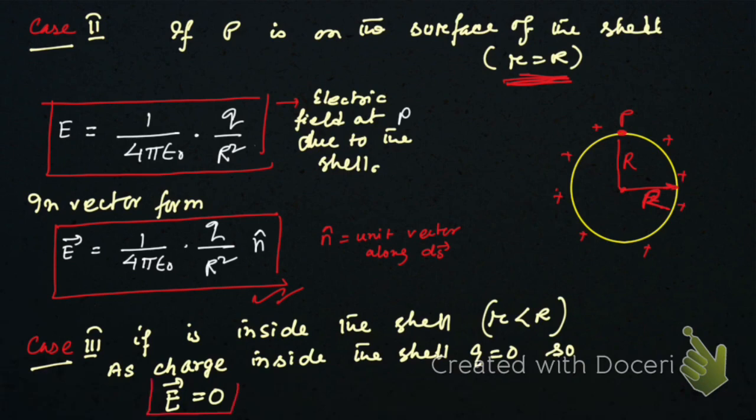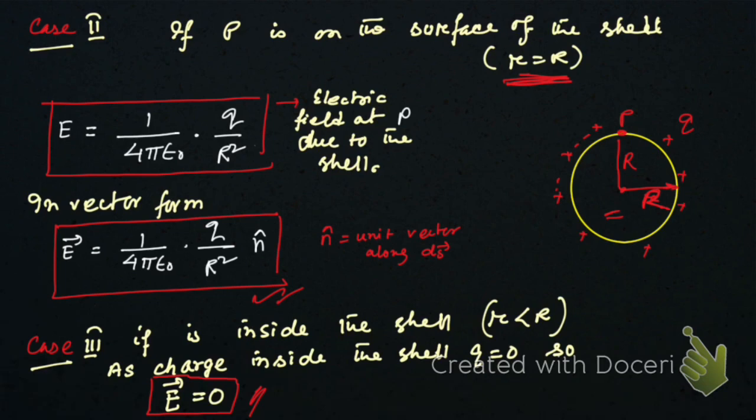Because the Q amount of charge is distributed over the surface of this sphere only, not inside the sphere. That's why inside the spherical cell, not a solid cell, that means a hollow sphere, it will be 0. Hope you have understood this.